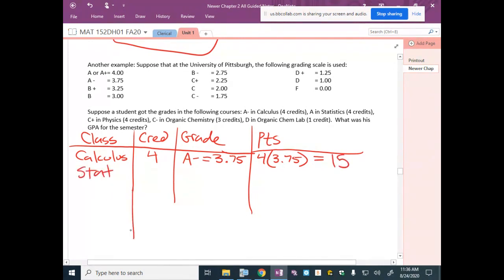So for stats, physics, chem, and chem lab. I know, like at Pitt, our chemistry courses, the lab was a completely separate grade.